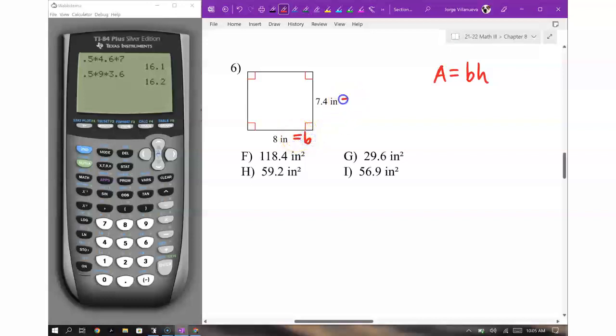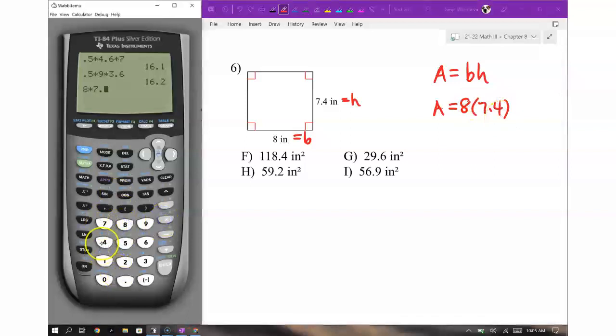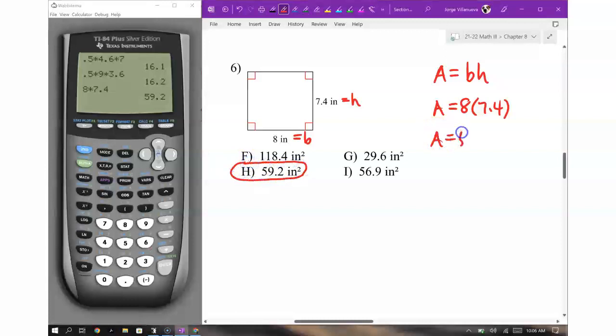And my H would be 7.4. Okay, so A is just 8 times 7.4. So I'm going to put that in my calculator. And I get 59.2. Remember, my units are inches, so this would be inches squared. So A is equal to 59.2 inches squared.